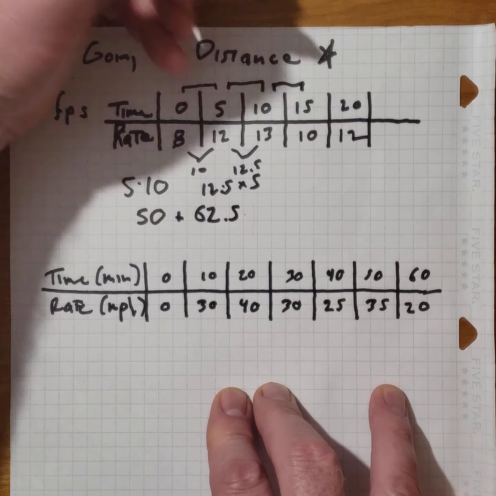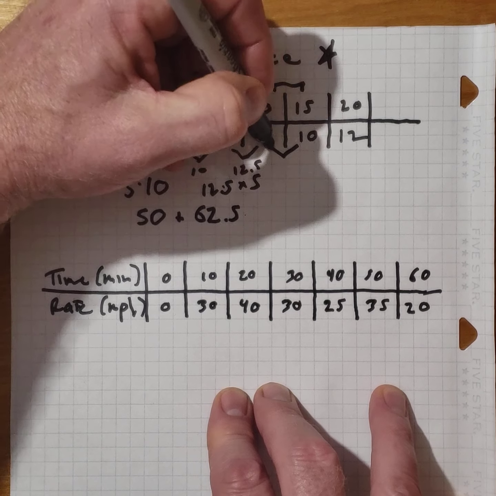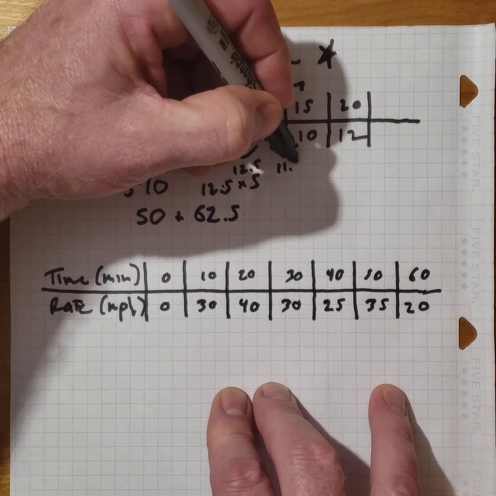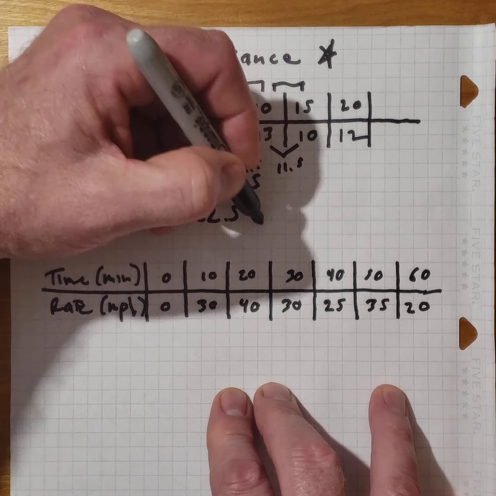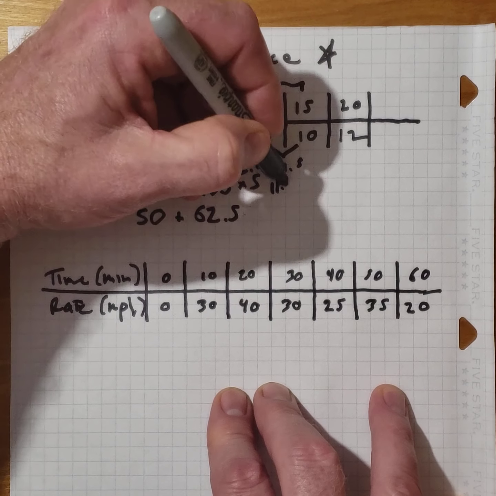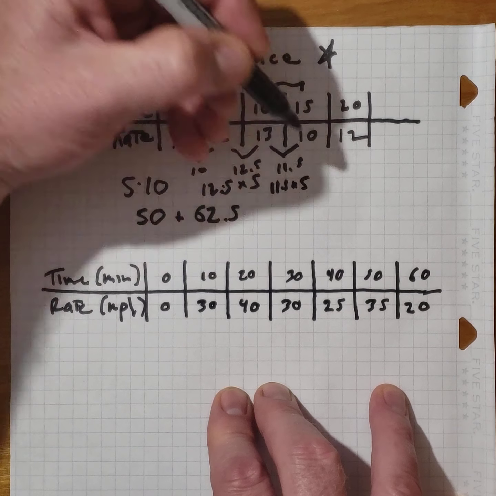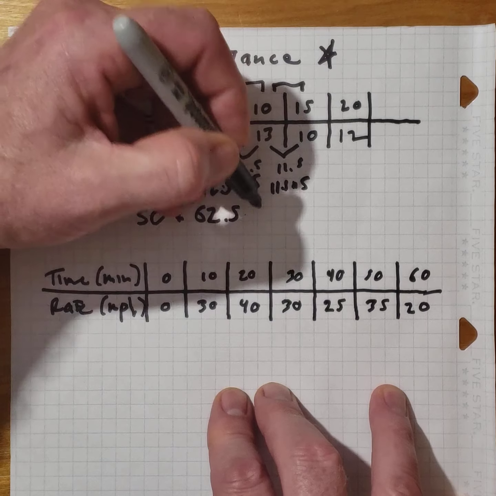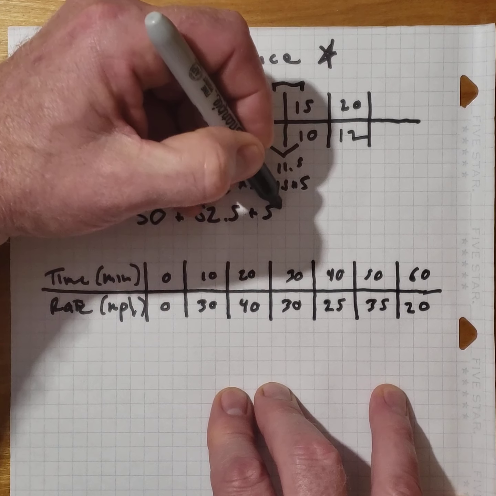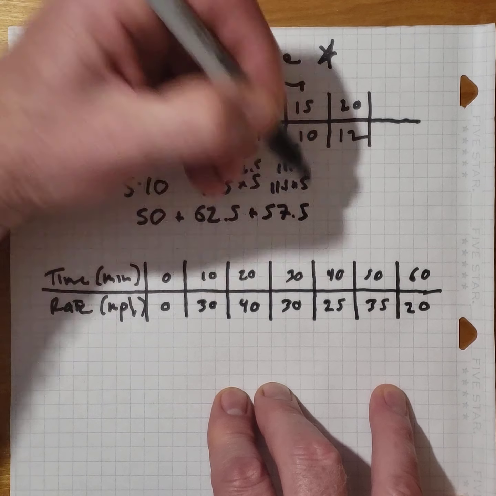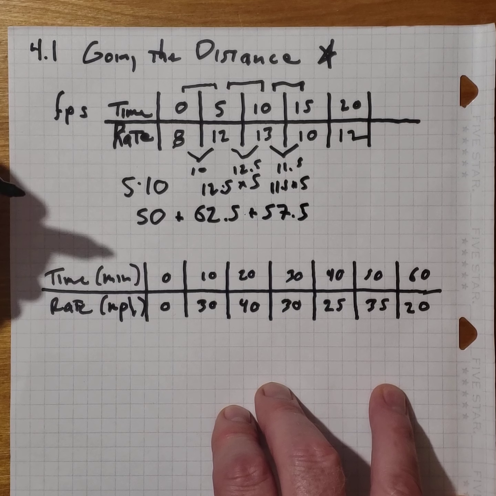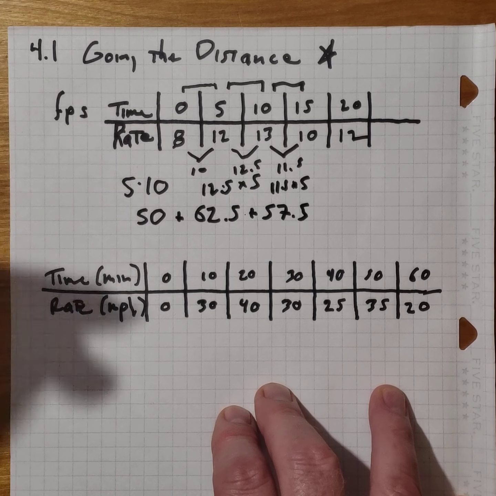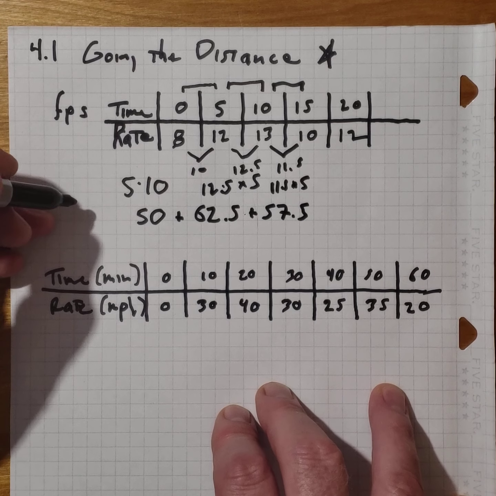During the third 5 second period, it was probably going somewhere around 11 and a half. If we multiply 11.5 times the 5 seconds, we get 57.5. I did not do these ahead of time, and I don't want to waste your time punching them in the calculator. So please forgive me if I did make a miscalculation here.